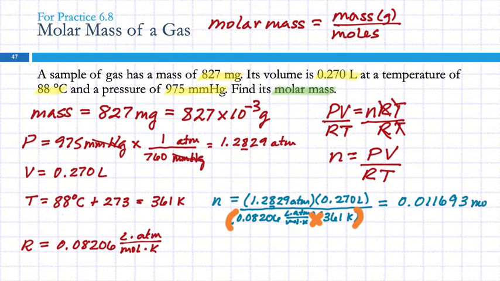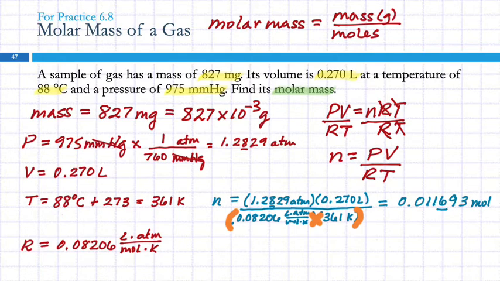0.01163 moles. Again, we've got 3 sig figs here, and 3 down there, and 3 over here. So this should have 3. It seems like a small number, doesn't it?